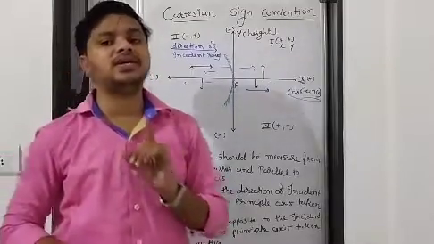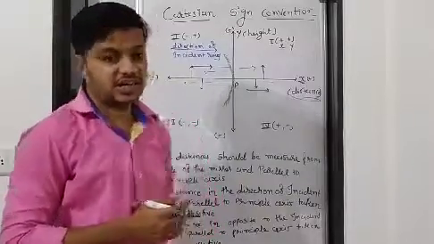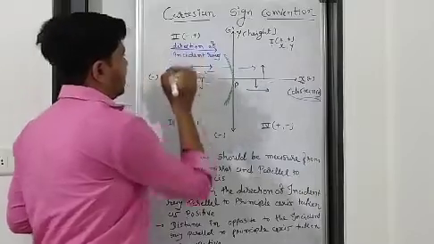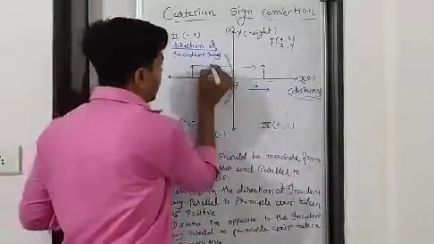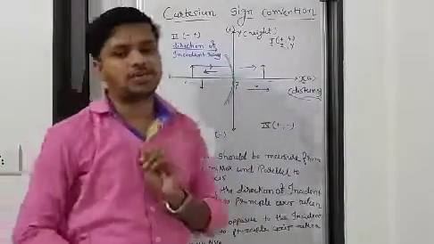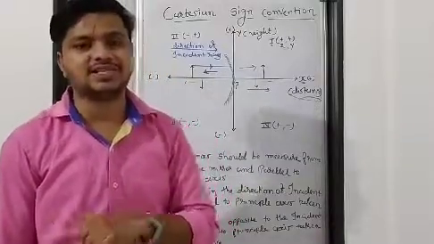If you want to measure that distance, you have to go in the direction opposite to the incident ray, because the ray comes from the object and goes in this direction, so it is always measured in the opposite direction. So the object distance should always be taken as negative.